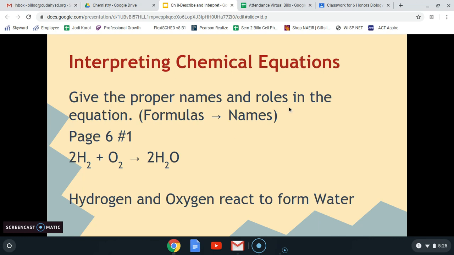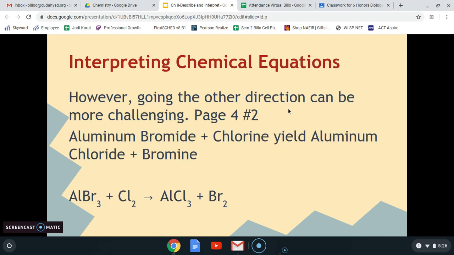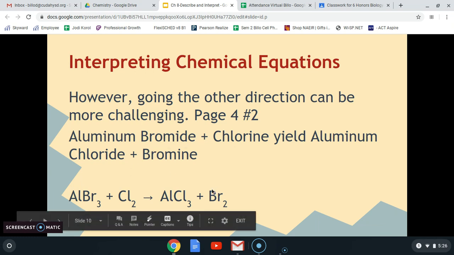Now it gets a little more challenging when you go in the other direction. For the second example, I'm going to take one from page 4. On page 4, number 2, you take a look at aluminum bromide plus chlorine yield aluminum chloride plus bromine. The halogen elements are going to be diatomic in their natural states.